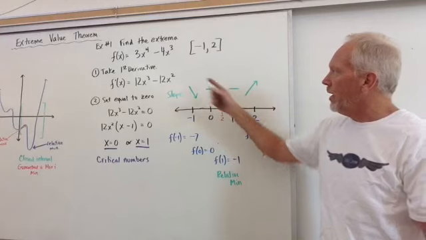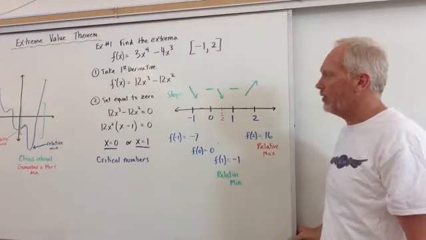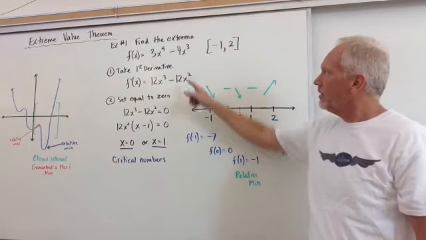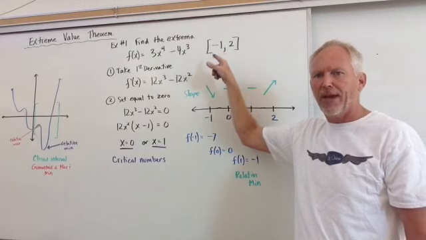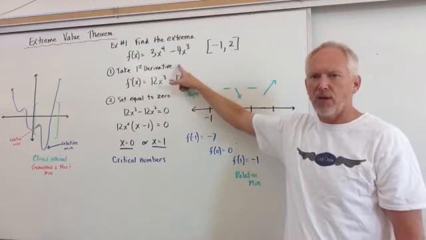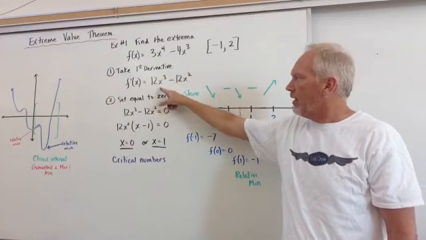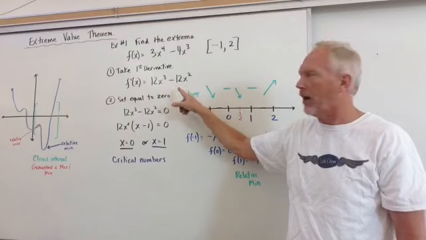So we have the function f of x is equal to 3x to the fourth minus 4x cubed, and we want to look at it on the interval from -1 to 2. First, we take the first derivative. F prime of x is equal to 12x cubed minus 12x squared.